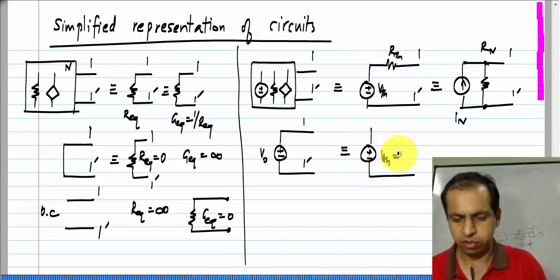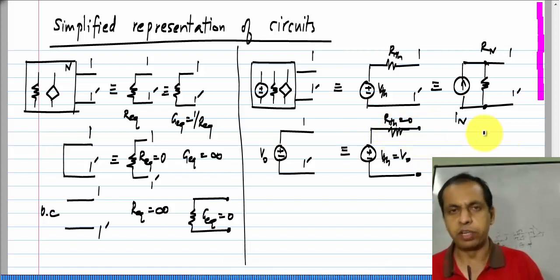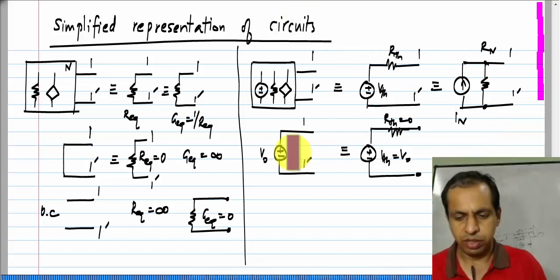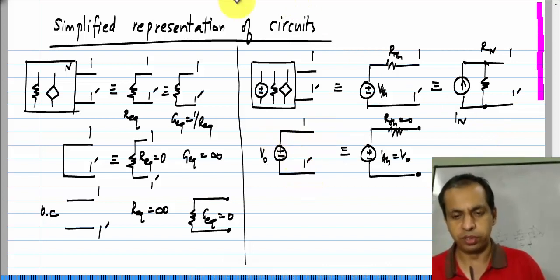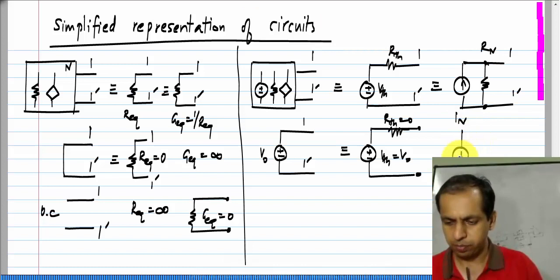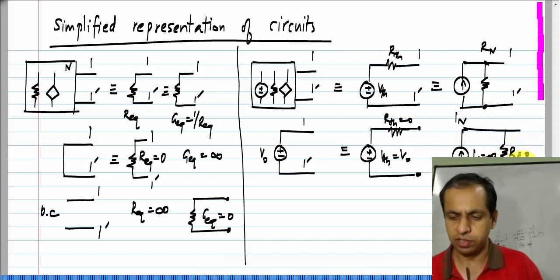If this is V naught, VTH will be V naught and RTH will be 0. If you try to find the Norton equivalent, if you have just a voltage source and you try to find the short circuit current, you will find that the short circuit current is infinity. That is because you cannot short circuit a voltage source, and you will also find that the Norton resistance, which is the same as the Thevenin resistance, is 0. Now, in this case this representation is useless because you need finite values.